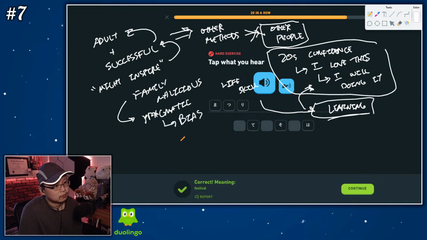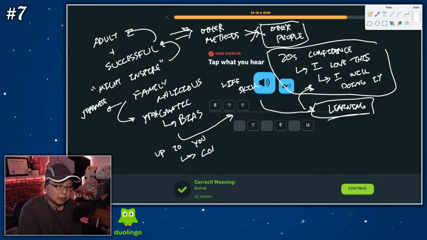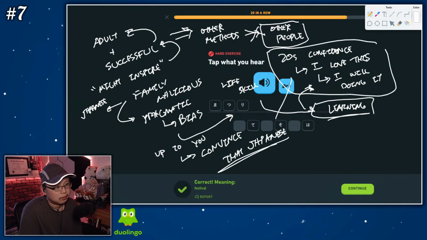Like, what is useful? Well, learning Japanese is not useful. That's probably because they are not necessarily as interested in Japanese as you are. So it's up to you to convince them that Japanese or learning a language is useful. And that gives you power and confidence over time.